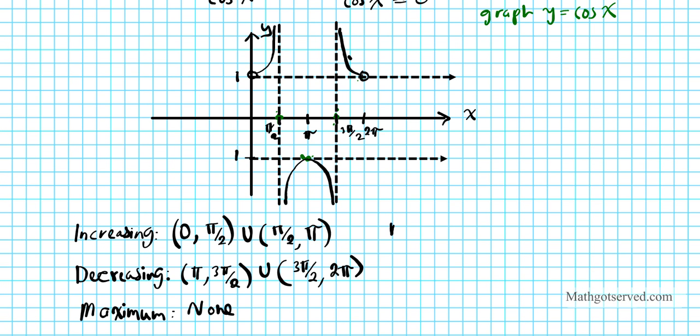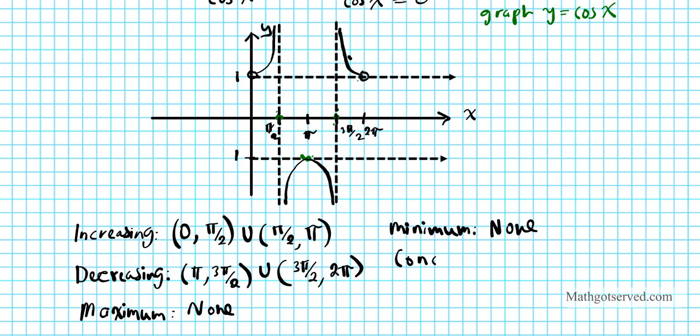How low does this graph go? Now let's look at this piece because it's the one that goes down. This piece goes infinitely low, but it gets really close to this asymptote, never touches. So no matter how low you go, it keeps getting closer and closer, but never touches, but it keeps getting smaller. So the minimum actually is none because it goes down forever. So there's no max and there's no min.